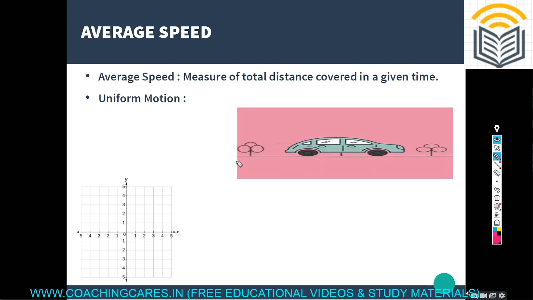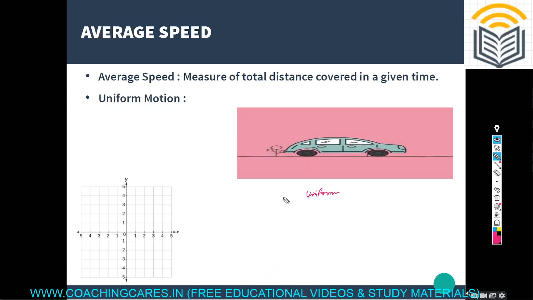You can see in the picture that this car is moving with some speed. Sometimes the speed is low, sometimes a bit higher. So suppose this car is moving with a uniform speed. Under uniform conditions we'll study the speed.